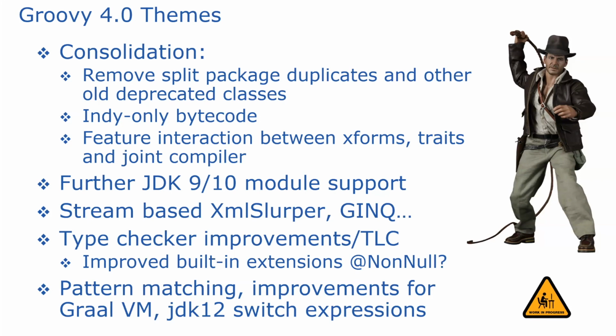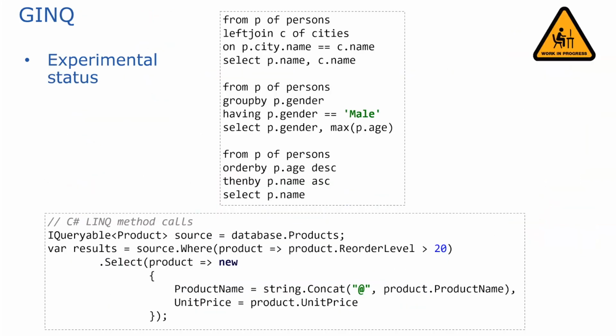Briefly, I'll show you what the Groovy integrated query is all about. This is experimental. We're hoping this will be in 4, but we've got a lot of work to do, and we want a lot of feedback before we progress things. You'll be able to have expressions similar to the language integrated query in C#, as you can see up the top there. It's not some new language that's invented that we have to do all the right coding for.